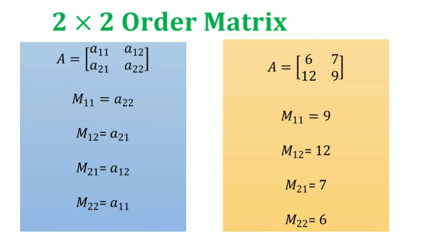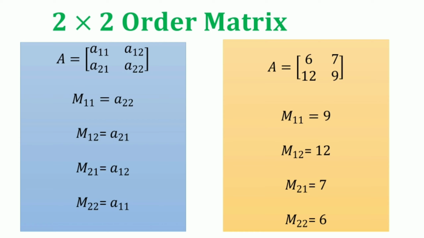Corresponding to A21, we have M21, and by crossing out its row and column, we get A12. Lastly, corresponding to A22, we have M22, and by crossing out the row and column, what remains is A11. So this is the procedure for finding the minors of a 2 by 2 order matrix.